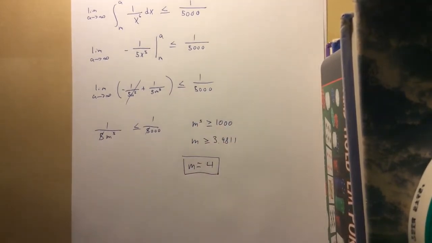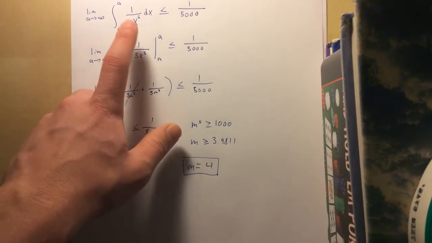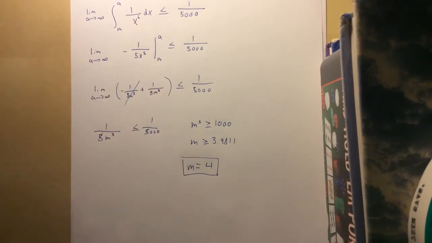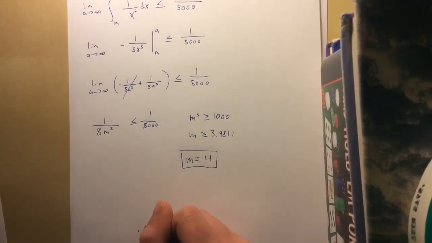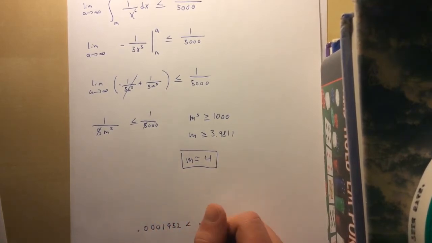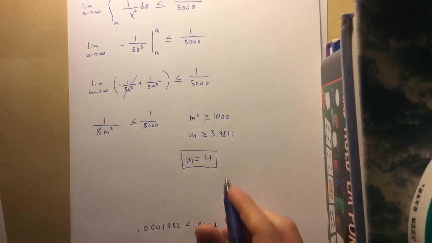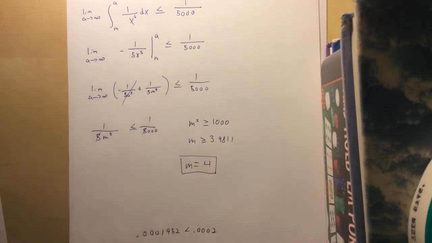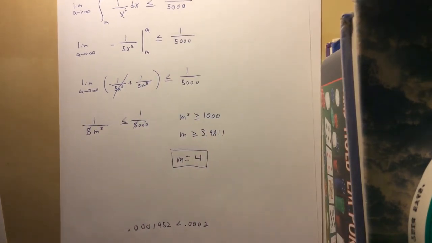And I went ahead and plugged that back in up here, and that gave us a value of 0.001952, which is indeed less than 0.002, which is 1 over 5,000. So that's how you bound the tail.